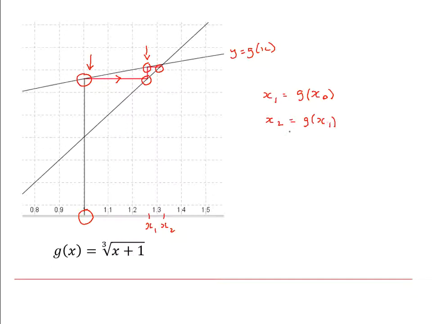And so that obviously carries on until, assuming we've got an appropriate gradient for g(x), everything converges on the intersection of y = x and y = g(x).